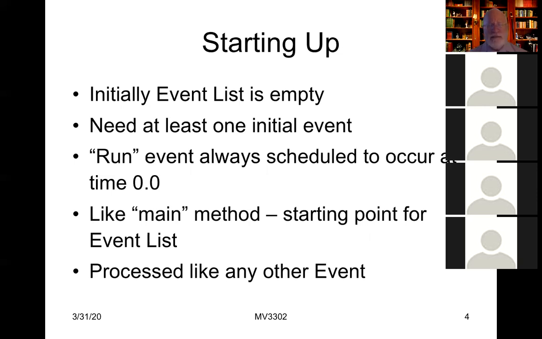The second responsibility of the run event is to schedule any initial events. Again, if you think about it, after the run event is finished, if it doesn't schedule any more events, then the simulation immediately ends. So that's not very interesting.